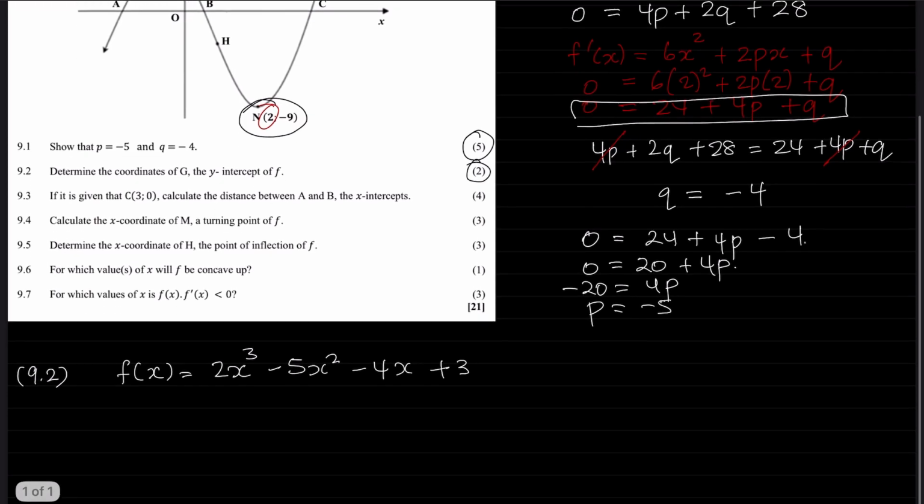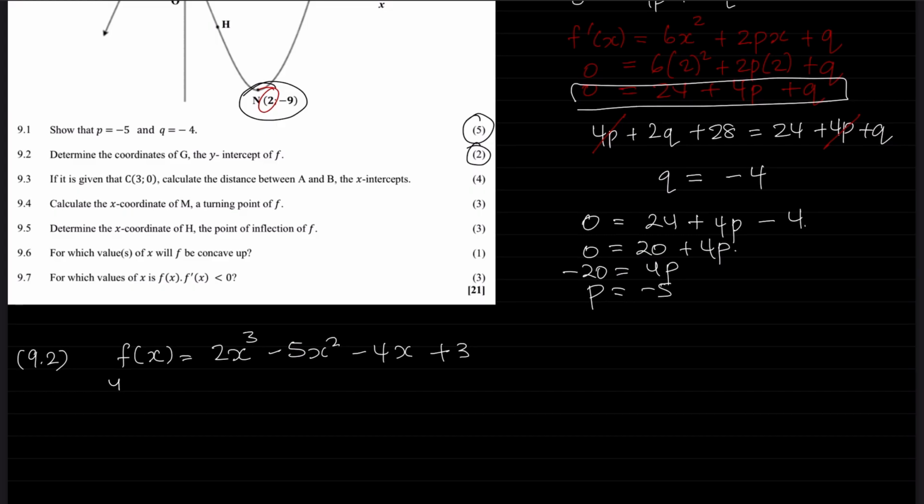If I want a y-intercept, x must be 0. If x is 0, all of these terms disappear. That means y is equal to 3. Now the coordinate is going to be 0 and 3.